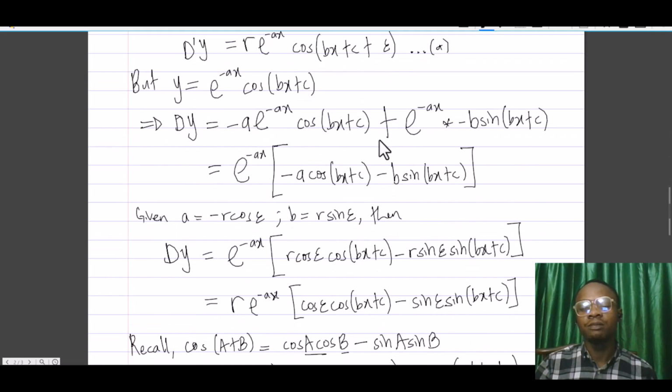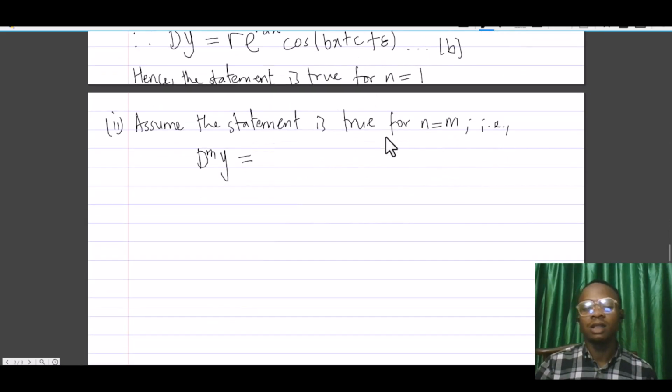So this is r to the power of m, e to the power of minus ax, then cos of bx plus c, then plus m epsilon.